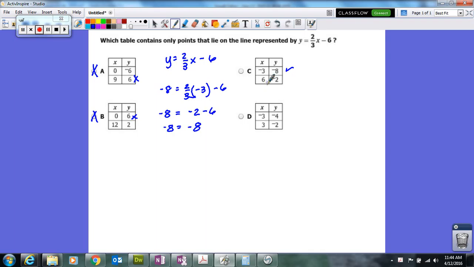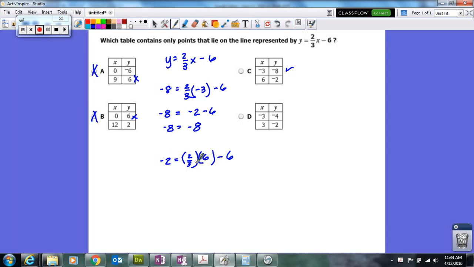Let's try the next ordered pair, 6, -2. Instead of having a y, we'll replace it with our y value of -2. Instead of having an x, we'll replace that with our x value of 6. Still -6, and we'll determine if all of this stuff equals -2.